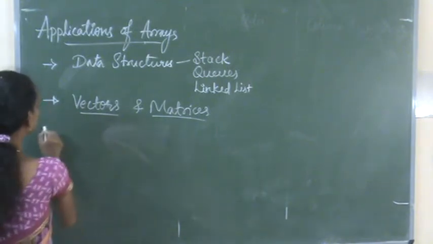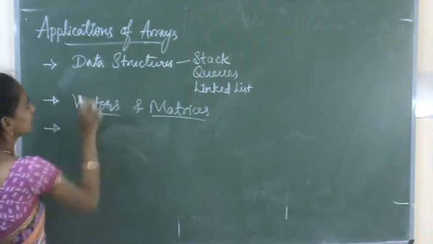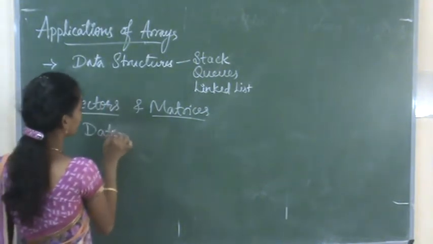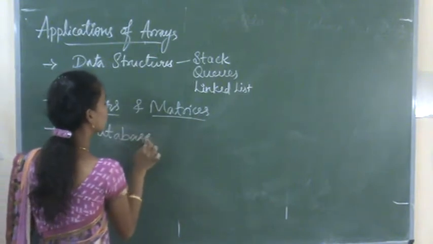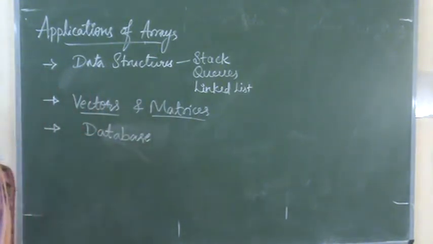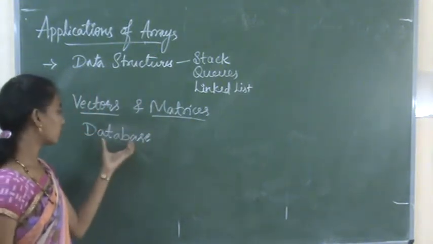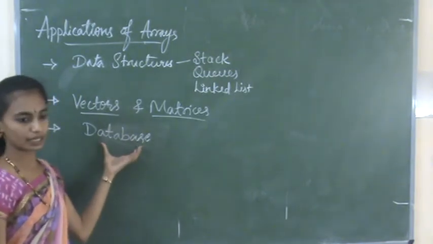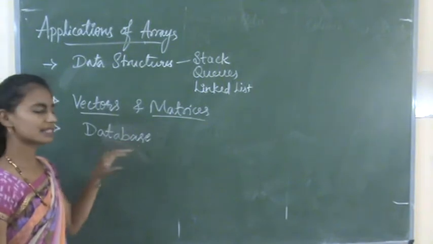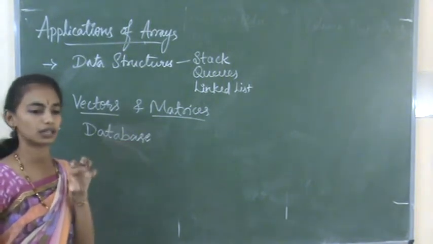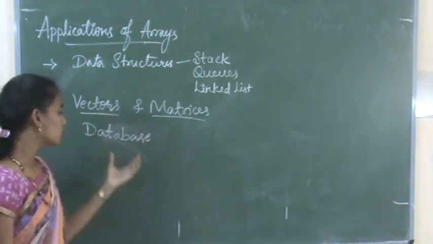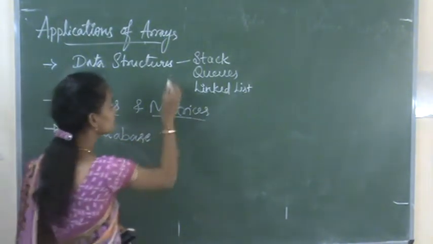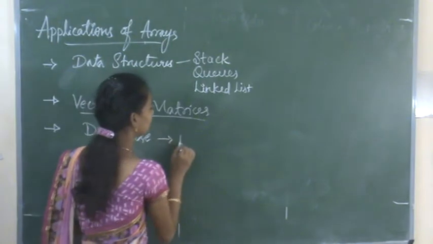And the third application is that arrays are used in databases. A database is a collection of logically related data. Means the database contains related data. So in the database concept we are using arrays to implement records.